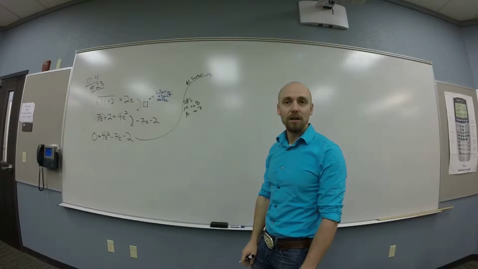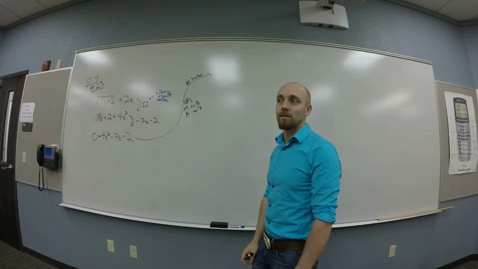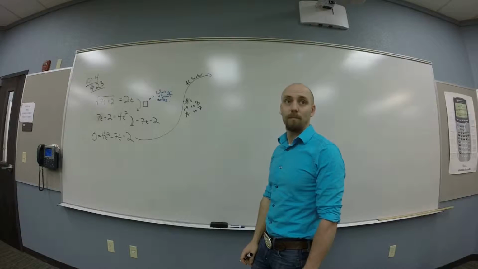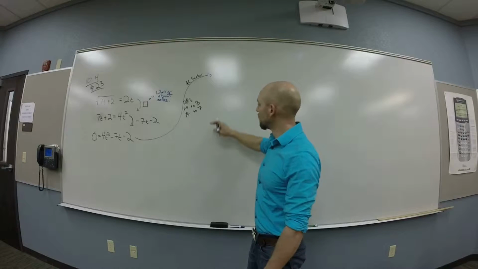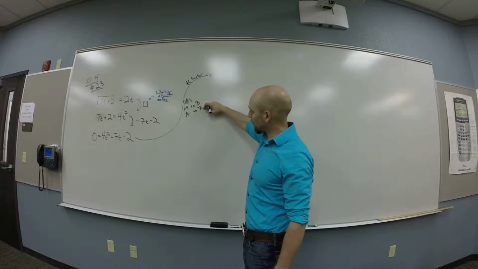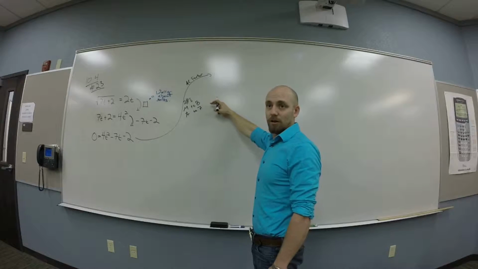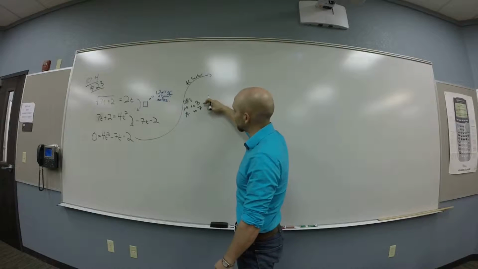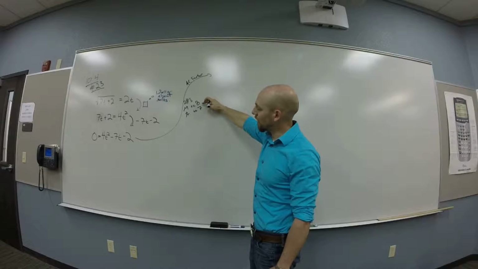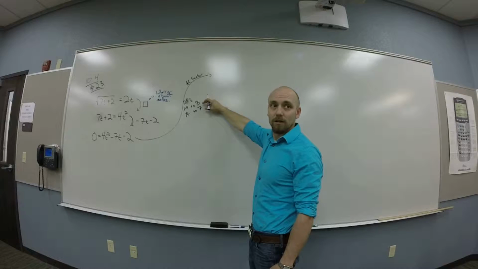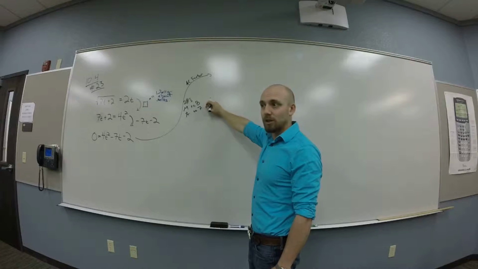So what do you get? Two numbers that multiply to 8 and add to 7? 8 and 1 seem to fit the bill. And then I need a negative and a positive, right? Negative 8 and positive 1 will do.